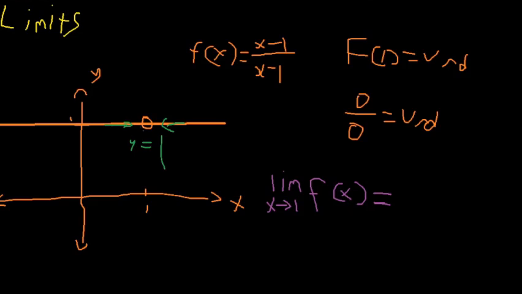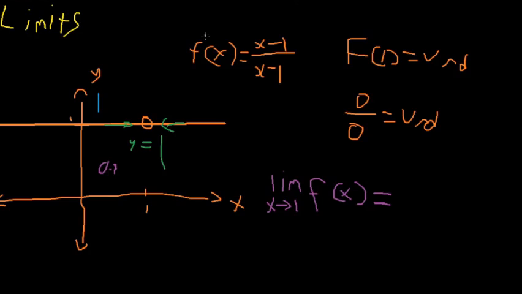But as you can see, let's try x equals 0.5. If I calculate this really quick, 0.5 minus 1 is negative 0.5, and negative 0.5 over 0.5 is negative 1. Hold on, it's 0.5 minus 1 over 0.5 minus 1, so that will be 1.